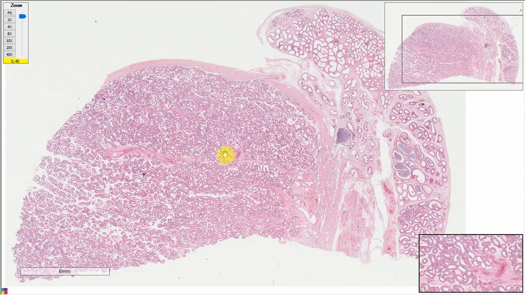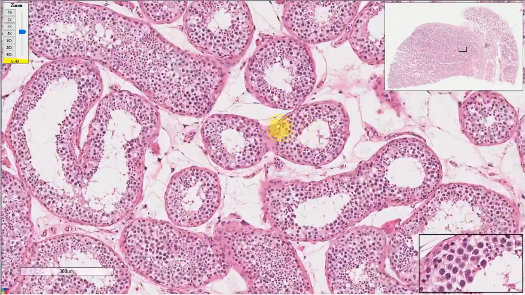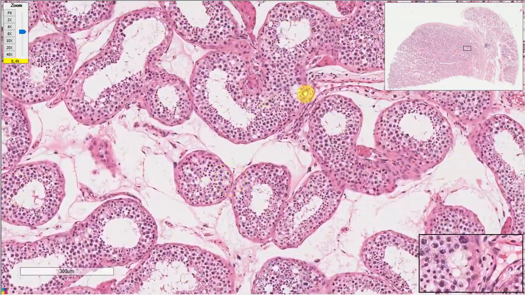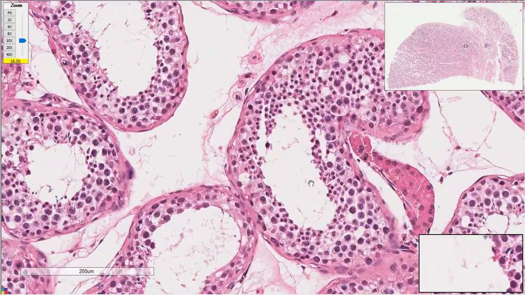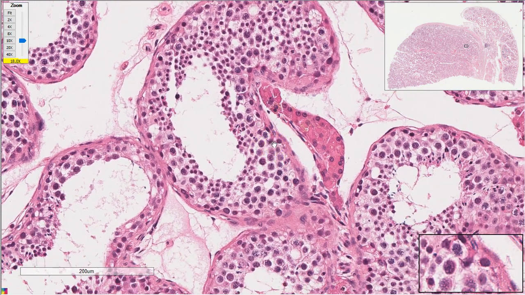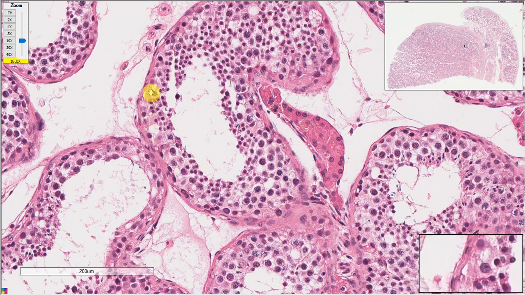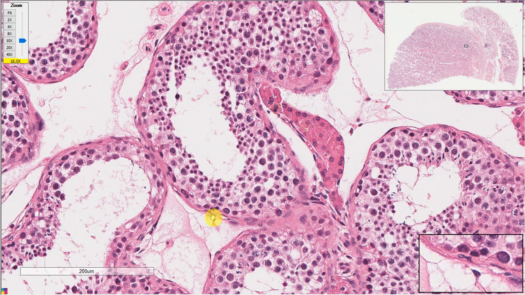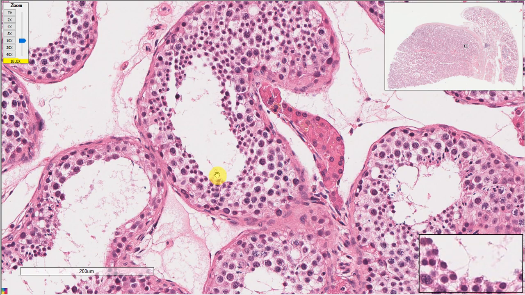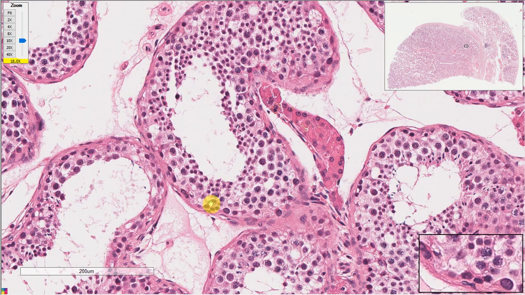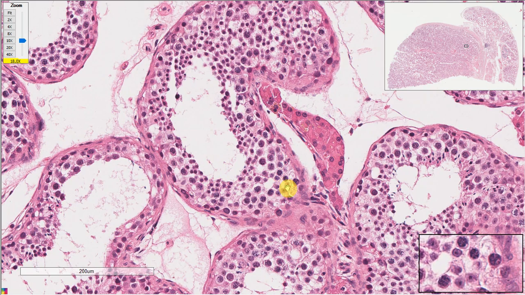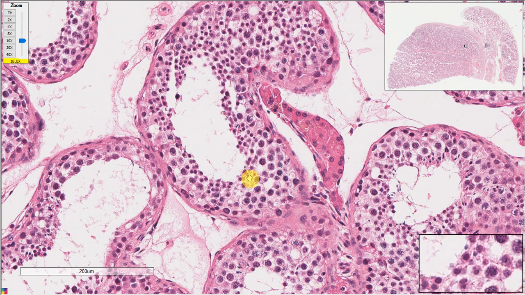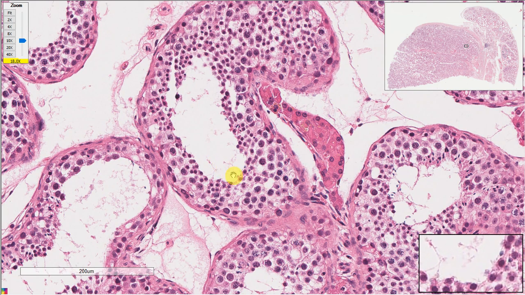Now if we look at higher power, just zoom in on one seminiferous tubule. So just looking closer at a seminiferous tubule, the cells are arranged in layers from the basement membrane, which is this structure here, to the lumen, okay, reflecting spermatogenesis. So this thickness here represents spermatogenesis.